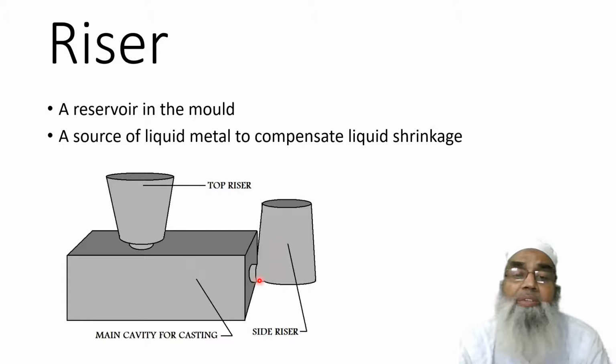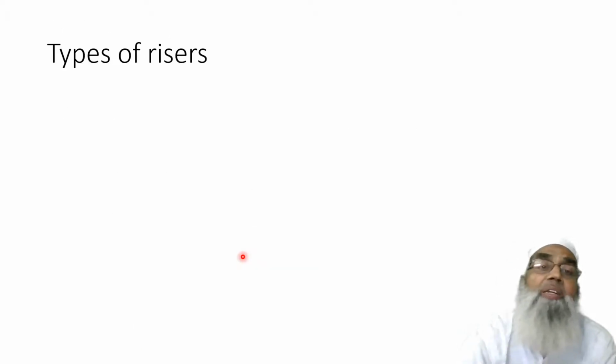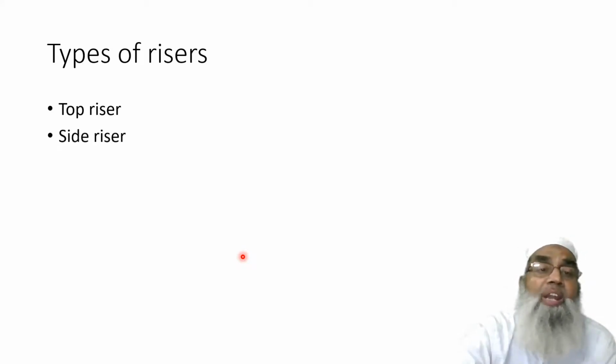The volume of the riser should be sufficient so that it can feed and compensate the complete liquid shrinkage, and therefore it must be properly designed. The type of riser can be a top riser or side riser, or an open riser, or a blind riser.